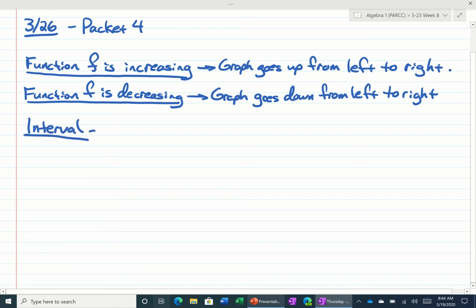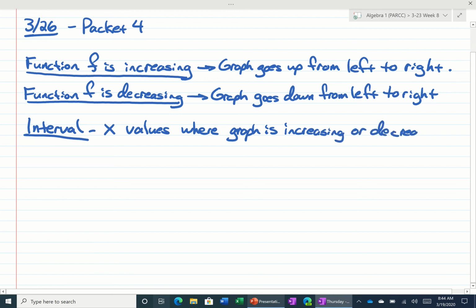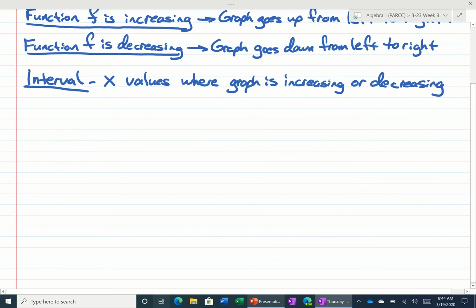Interval, what an interval means is it's x values where the graph is increasing or decreasing. So let me show you what an example looks like.